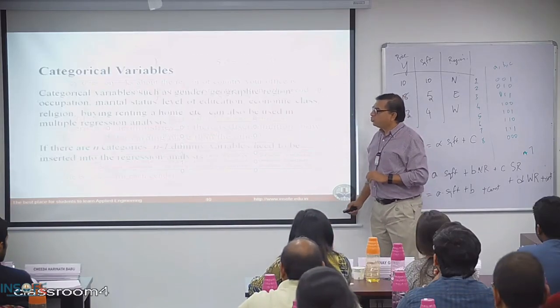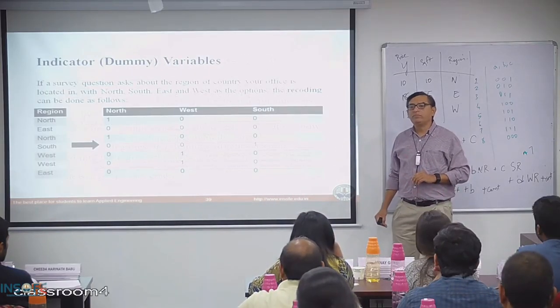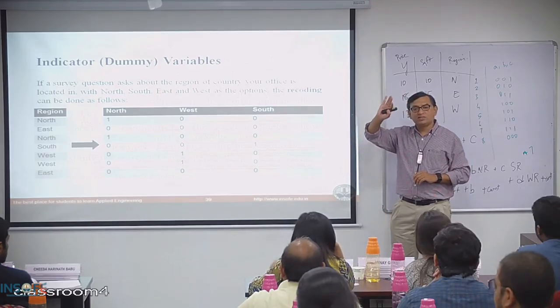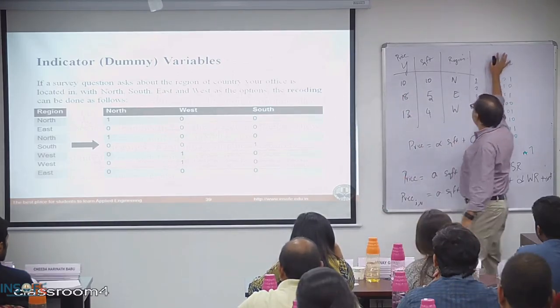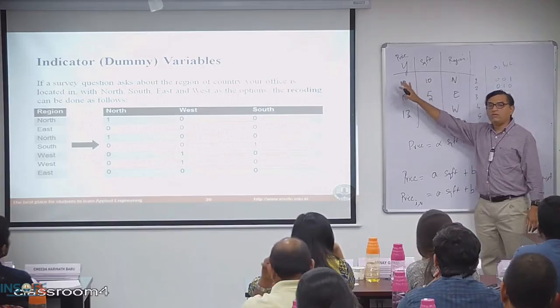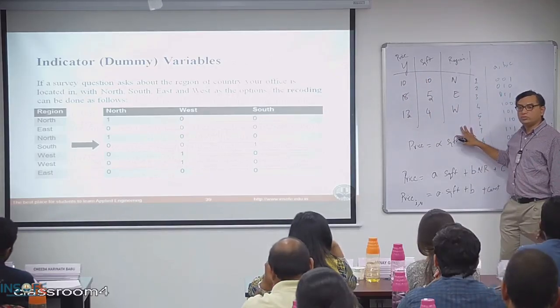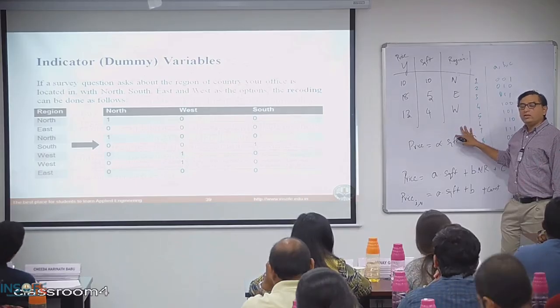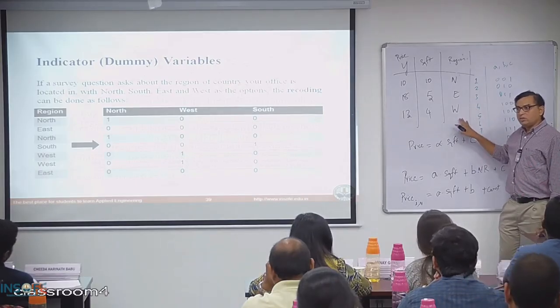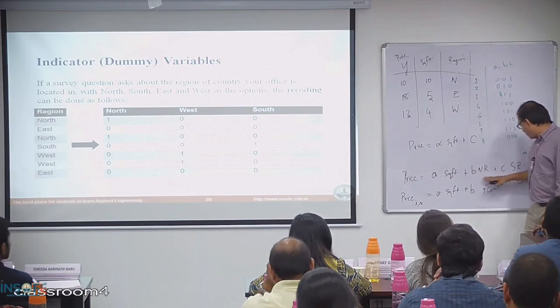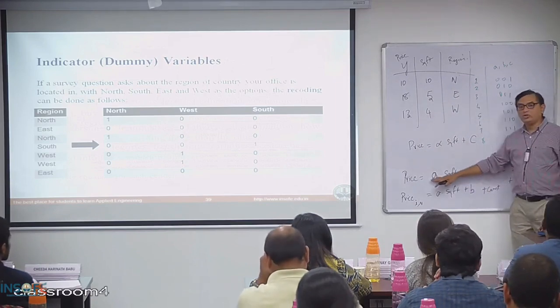So the question that's asked is this: in the example that I gave here, where you have data of price of the house, square footage of the house, and the region of the house, for this we got this particular equation.